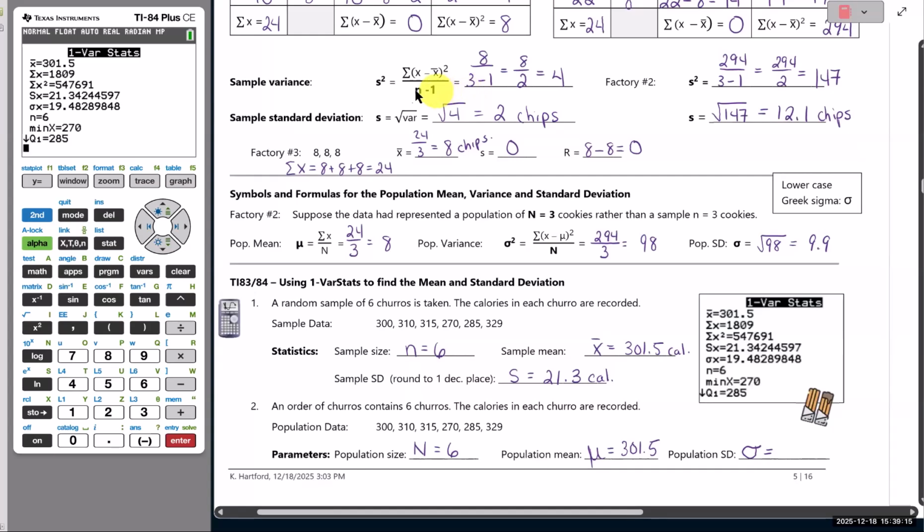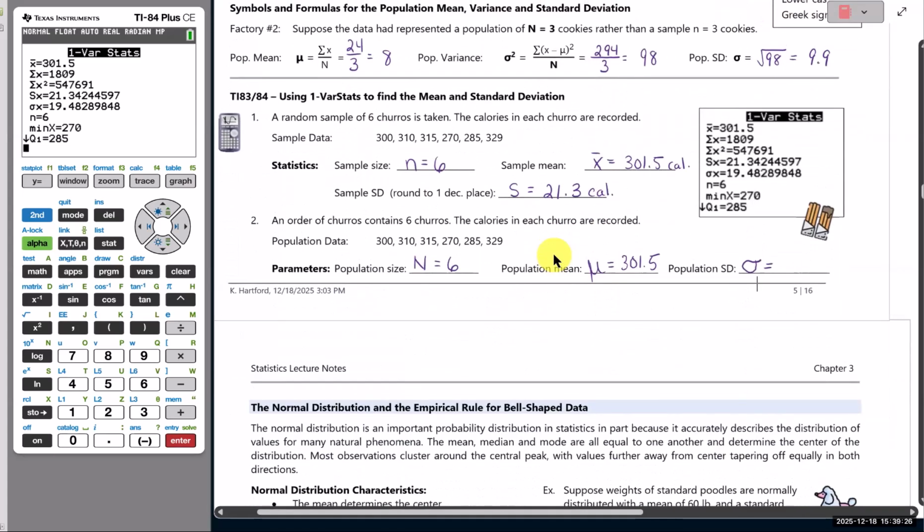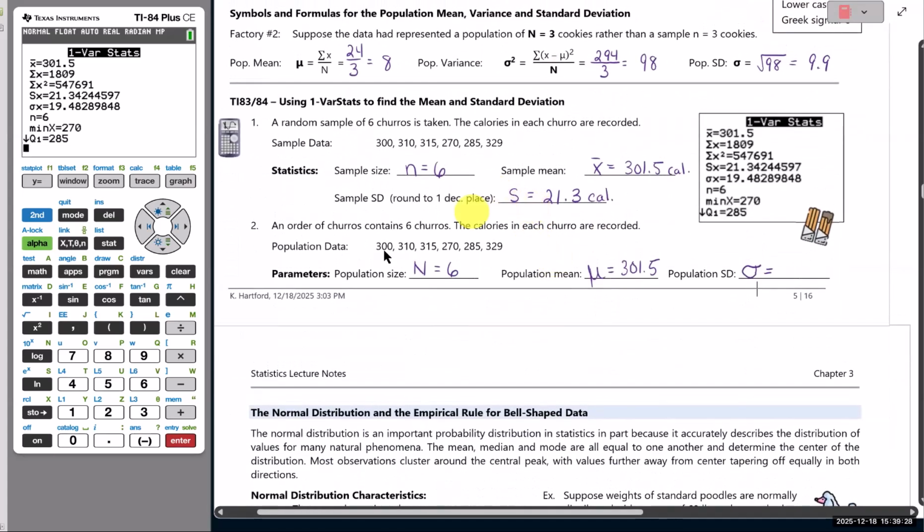So remember there was a difference here. Instead of dividing by n minus 1 for that sample variance, we divided by n for population variance. So what that means is that your value for s, even if it's the same data set, but if it was a population, sigma is not going to be the same.